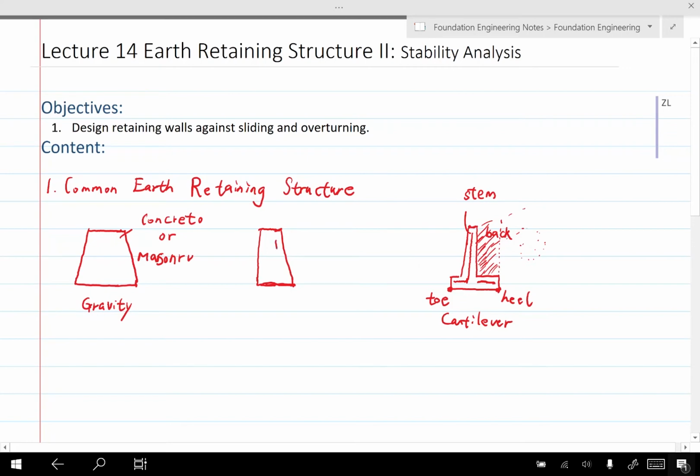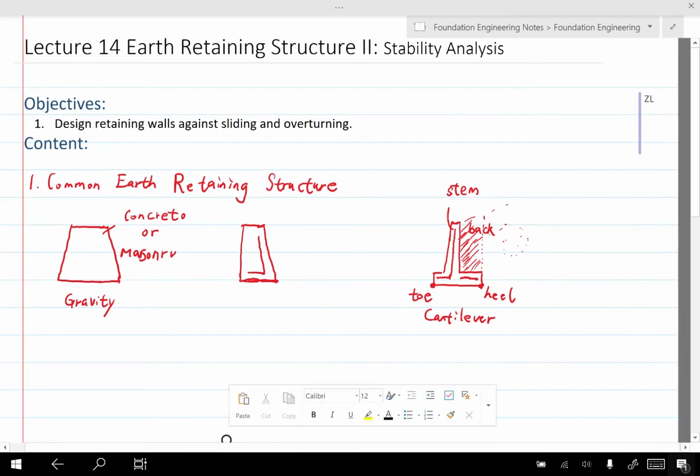And for this one, we also have reinforcing rebars in it. And in this course, we will be introducing the theories for gravity wall and cantilever wall.